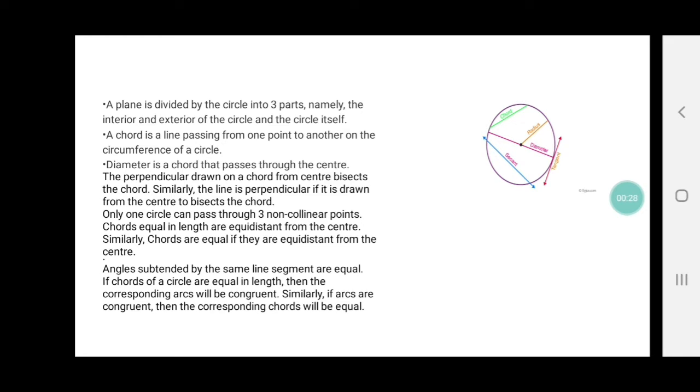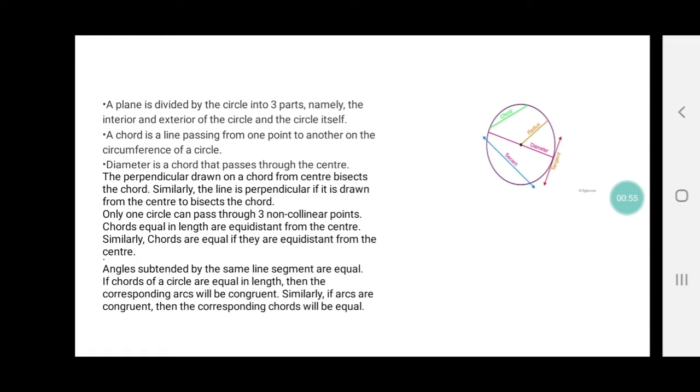A plane is divided by a circle into three parts, namely the interior, the exterior of the circle, and the circle itself. A chord is a line, this green line, passing from one point to another on the circumference of the circle.